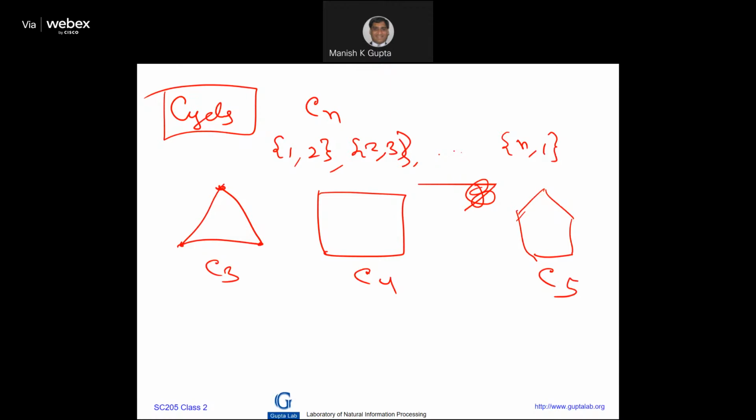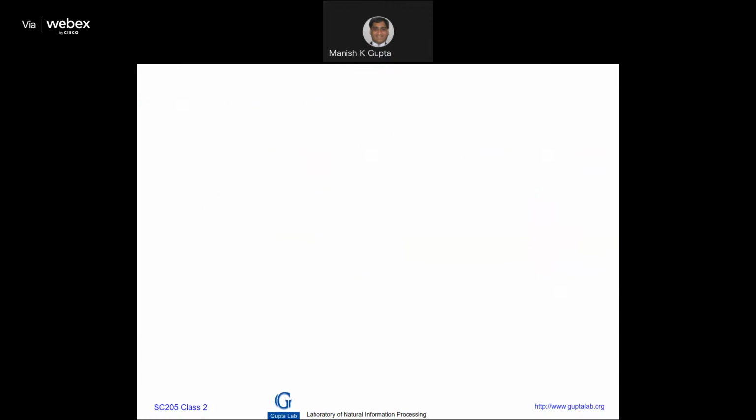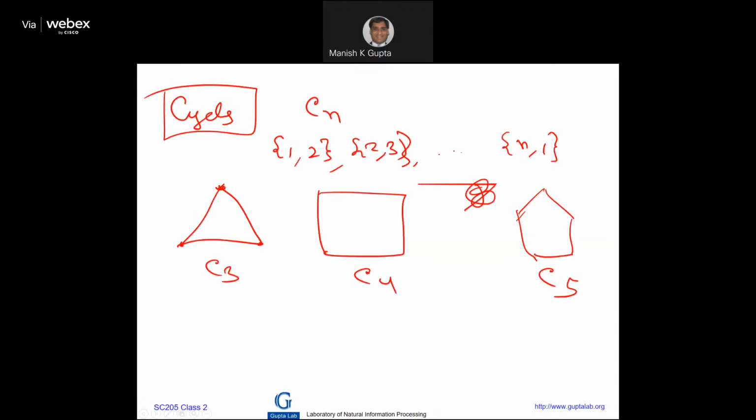What about, okay, we can also talk about wheels. So from cycles, we take this cycle here, C3, and we add another vertex. Okay, this will be W3 now. We are converting from C3, and you add everything.